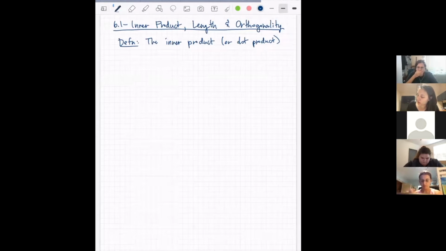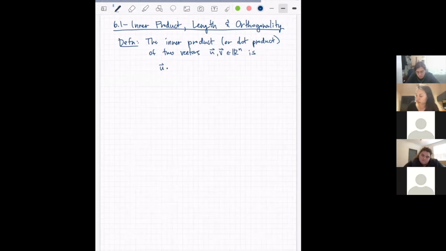So the inner product of two vectors u and v from Rn is denoted with a dot between them. That's why we refer to this as the dot product.